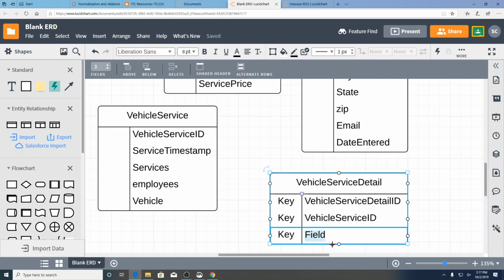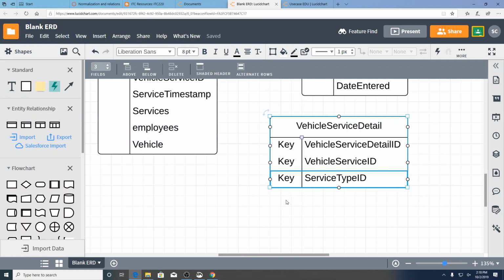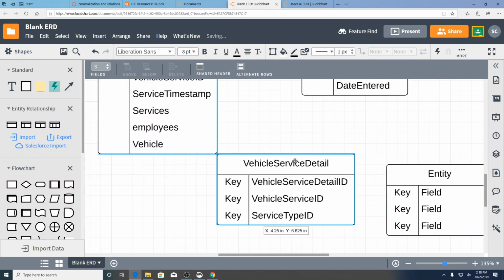And then for each one, we're going to do maybe a service type ID, because it comes from the service. And then we'll also do an employee ID. Actually, we probably need to break employees out to another entity. I don't know what to name this one. I'm going to abbreviate service detail employee.